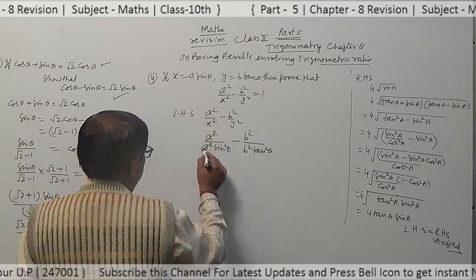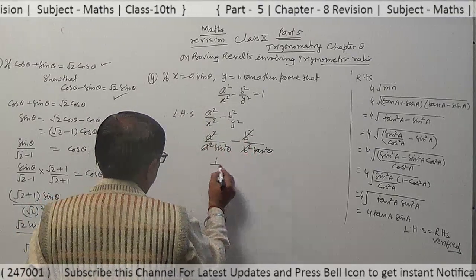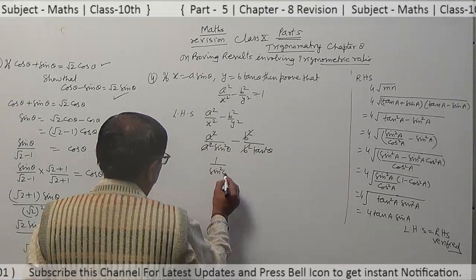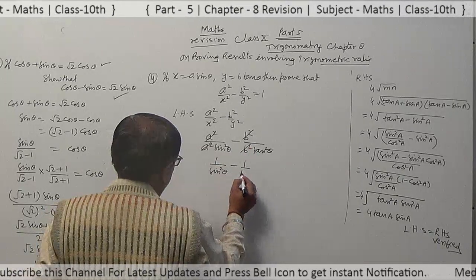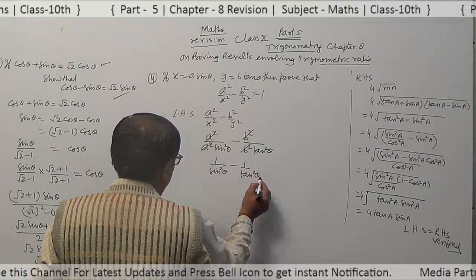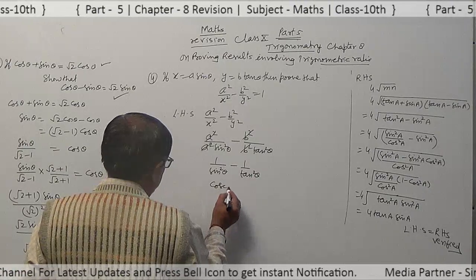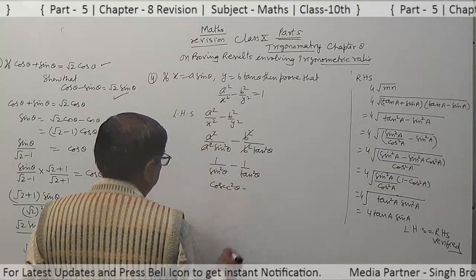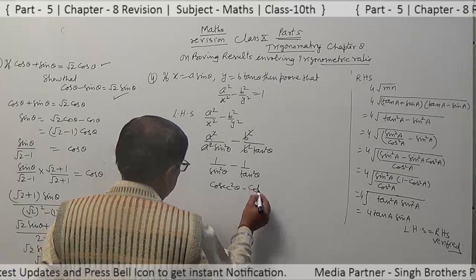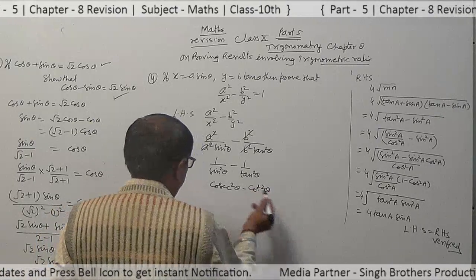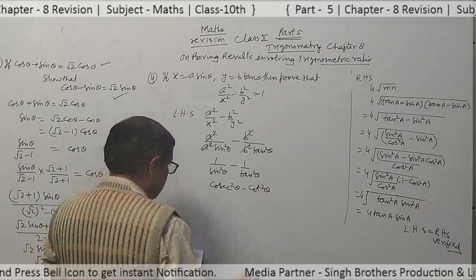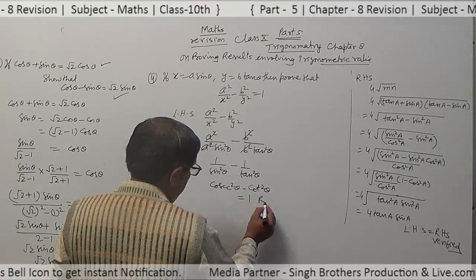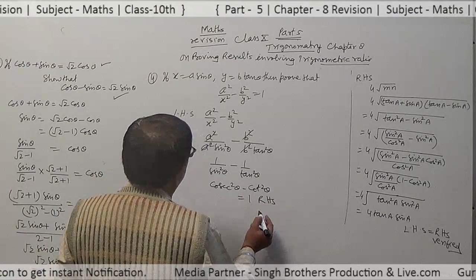A square cancels, b square cancels. 1 upon sin square theta minus 1 upon tan square theta, that is equal to cosec square theta. 1 upon tan is cot, so cosec square theta minus cot square theta is 1. So, this is proved.